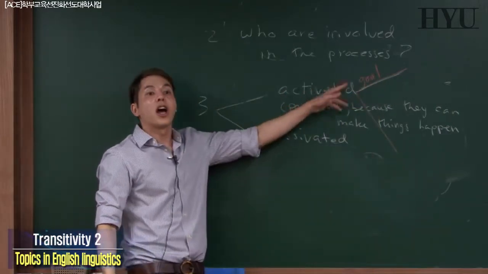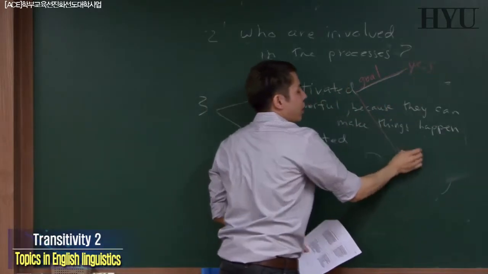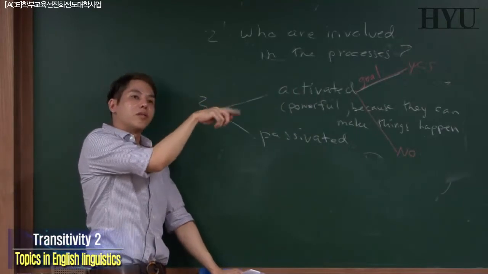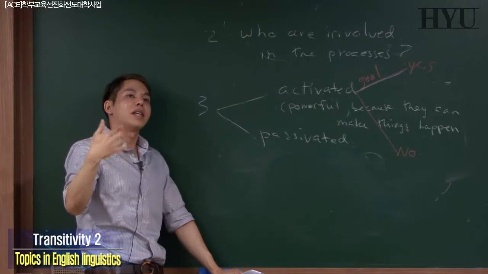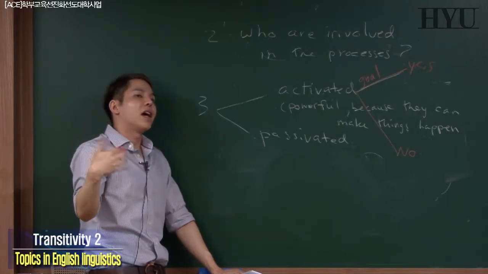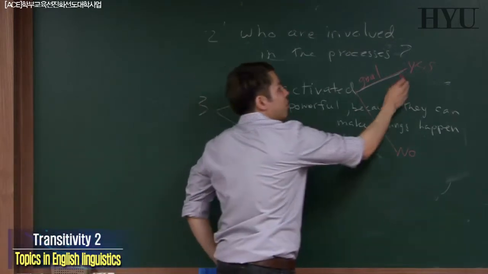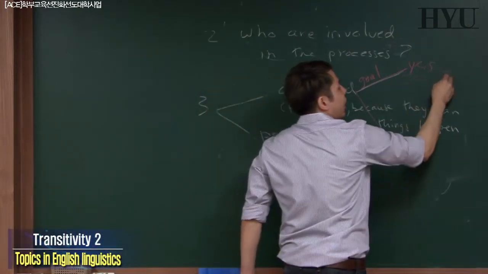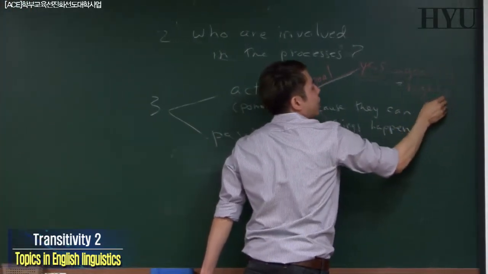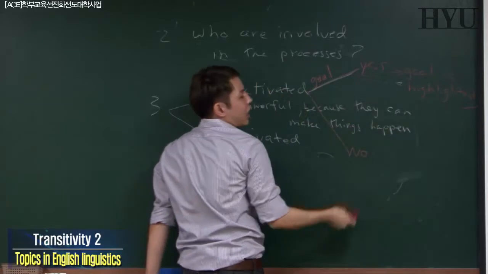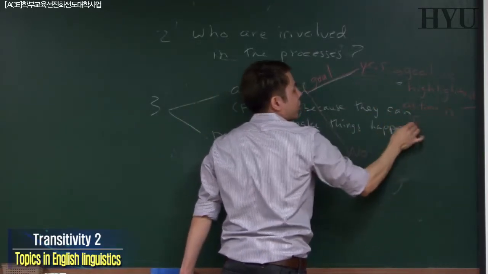Whether he's acting on a goal or not, right? So yes or no. If you remember the examples that I just gave, the defendant brandishes the knife, or he used the knife to kill someone. If there's a goal, then the goal is highlighted, and the action is also foregrounded.